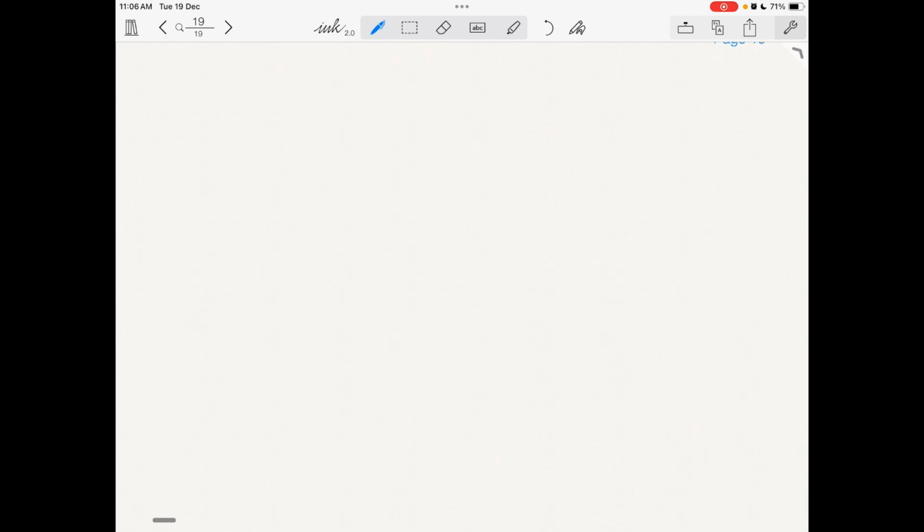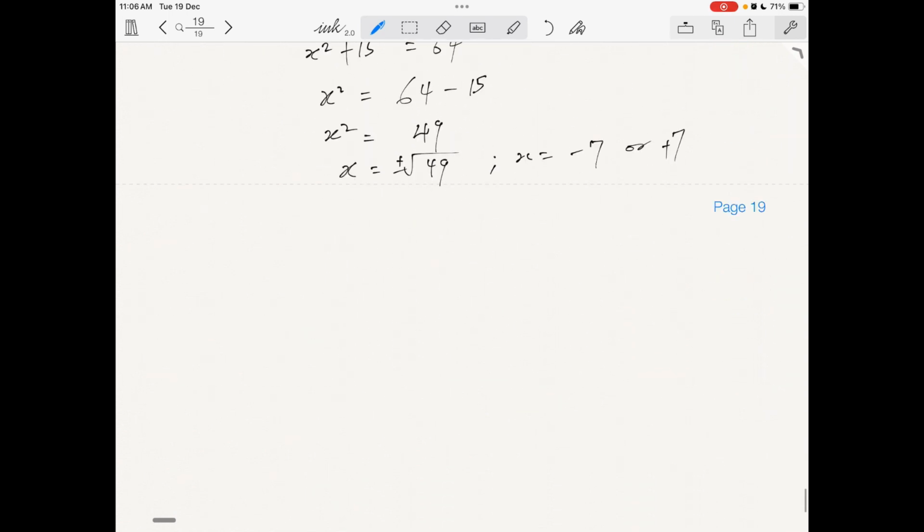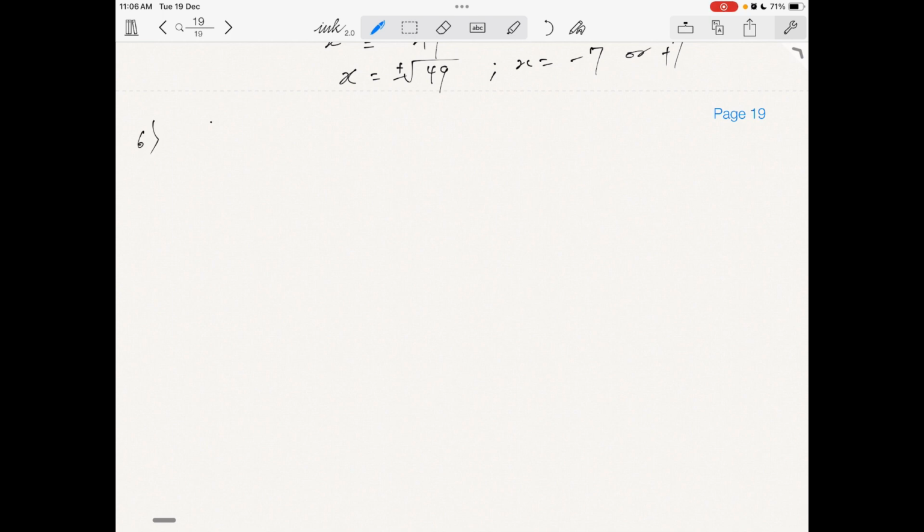Let's say we are given the problem to solve for y. The question says solve for y, and that's number 6.